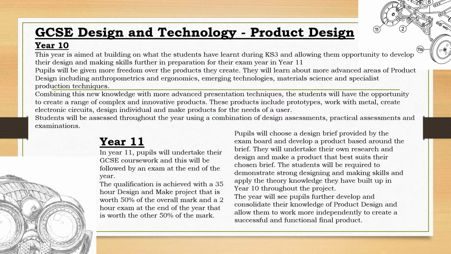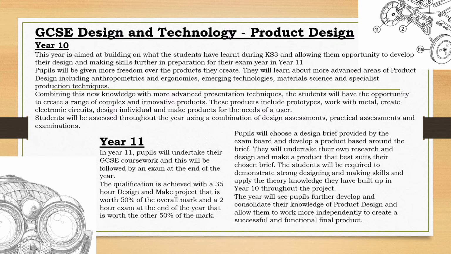Year 11 is all about doing your coursework and then preparing you for the exam. Your Design and Technology GCSE is 50% coursework and 50% exam. What you'll get given near the end of Year 10 is a design brief by the exam board, and what you'll have to do is find a client that meets that brief and then design and make a product that solves their problem.